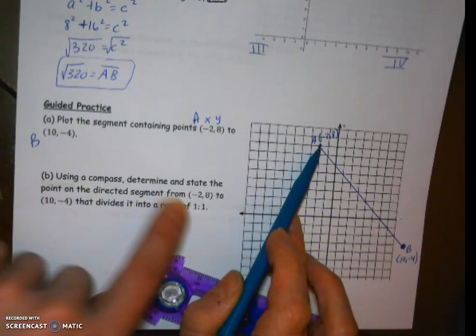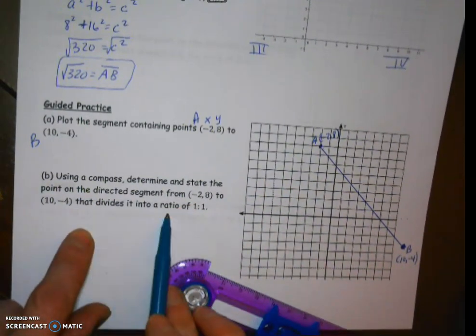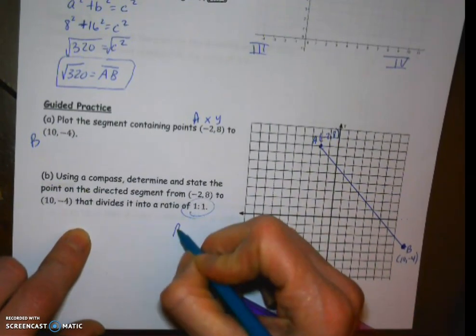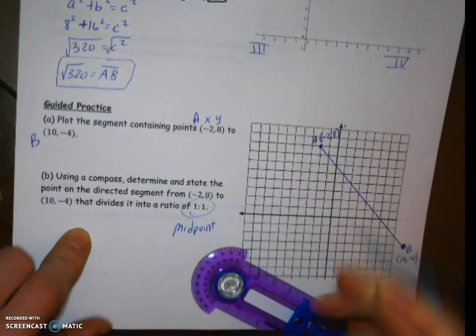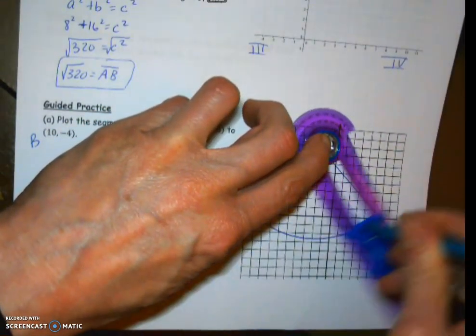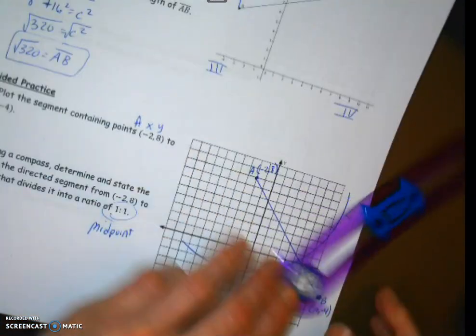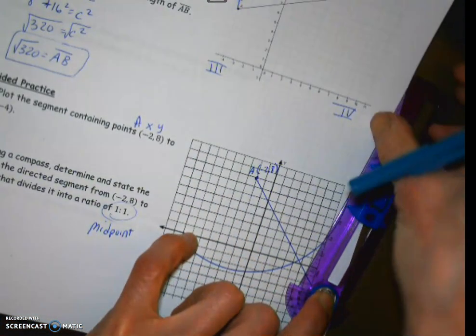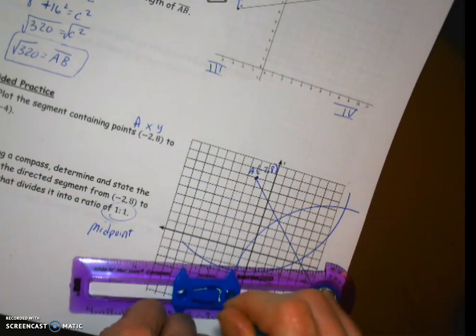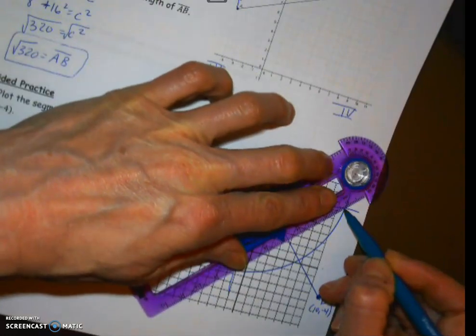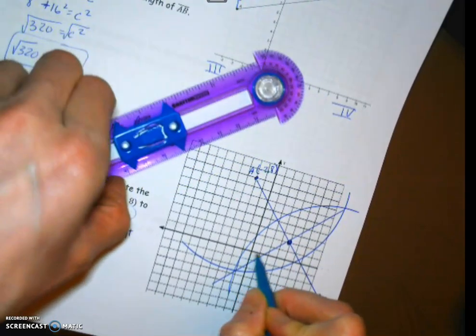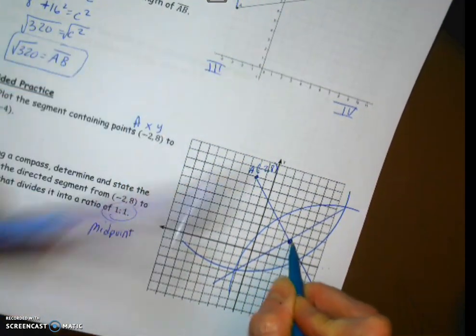Okay, so now it says using a compass, determine and state the point on the directed segment from point A to point B that divides this segment into a ratio of 1 to 1. So basically what they're asking you to do is find the midpoint. So take your compass, put it on A, choose a radius more than half, swing your radius from point A, then turn your paper, and do that same thing from point B. Like this, and then when we connect, we're going to find the midpoint, which is going to be right here, and that's going to be at 1, 2, 3, 4, 1, 2.